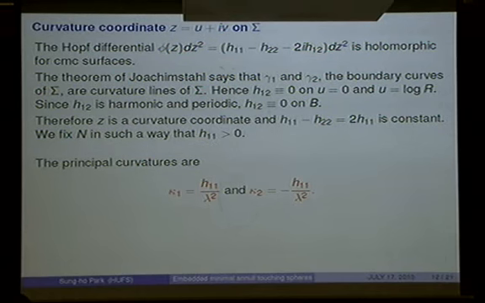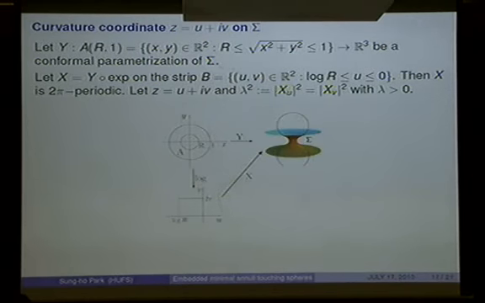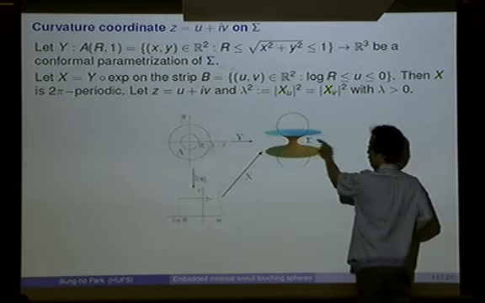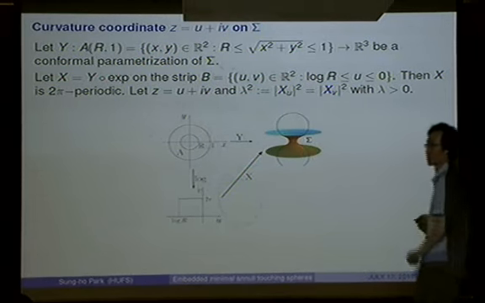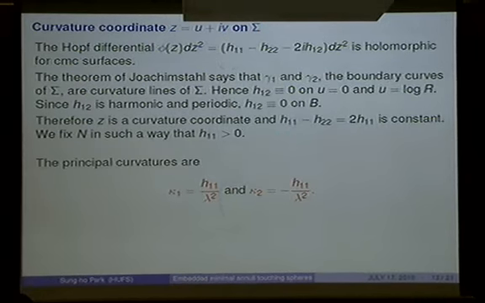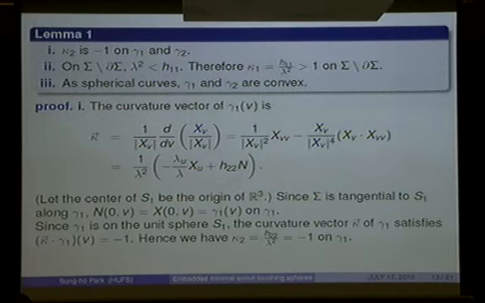In the picture, n is pointing outside. In this curvature coordinate, the principal curvatures are H11 over lambda square and minus H11 over lambda square. And I need a lemma. It is a very elementary lemma.